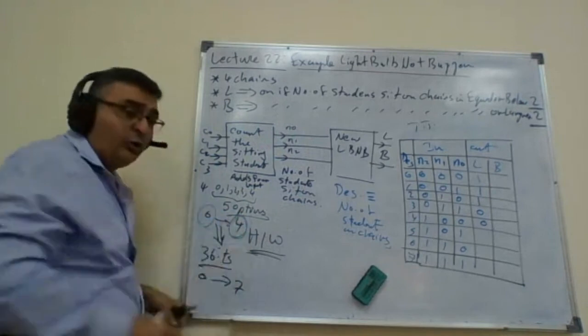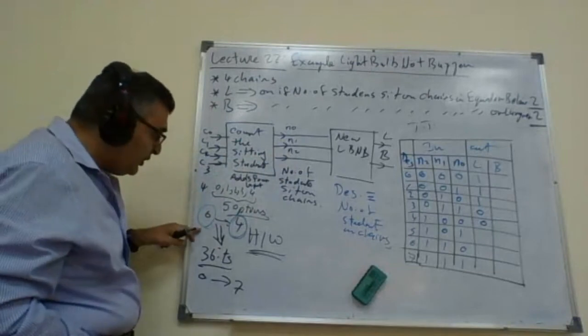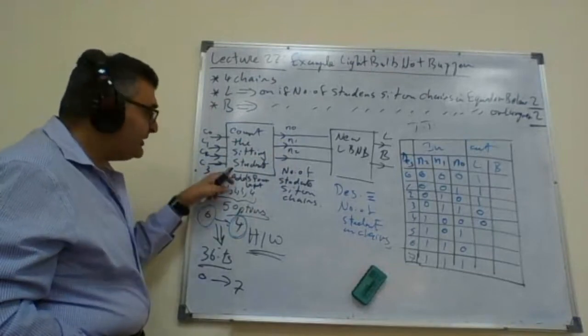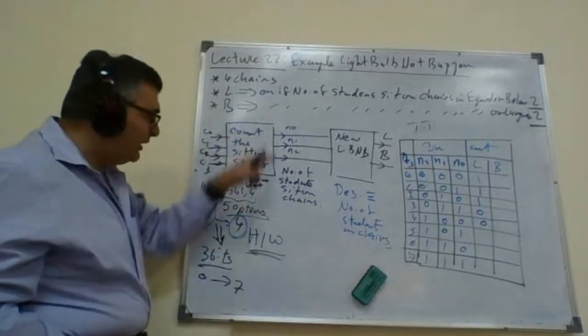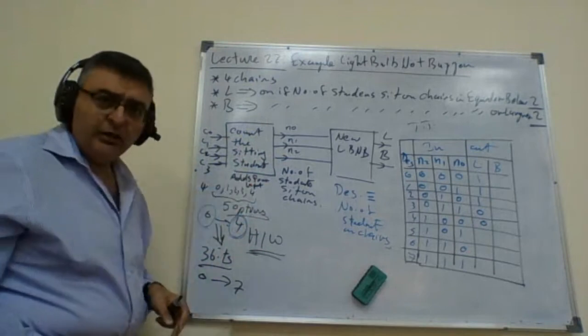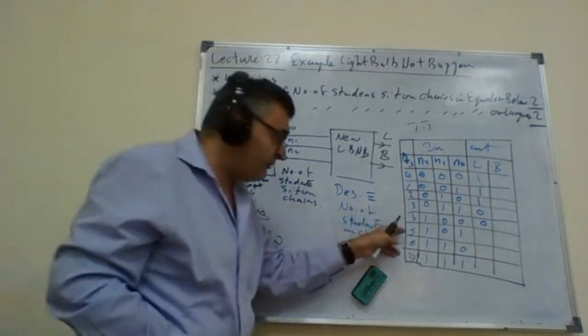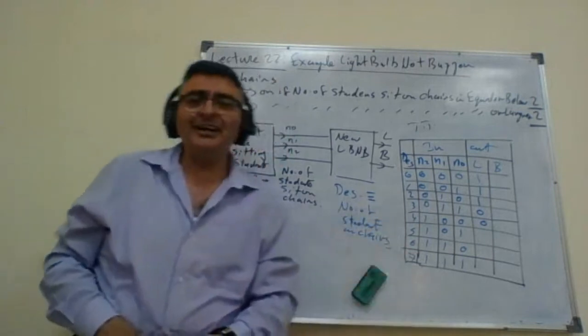The only permissible range of values for n is from 0 through 4, because this adder will add those bits and give me 0, 1, 2, 3, up to 4. It can never give me the value 5 or 6 or 7.